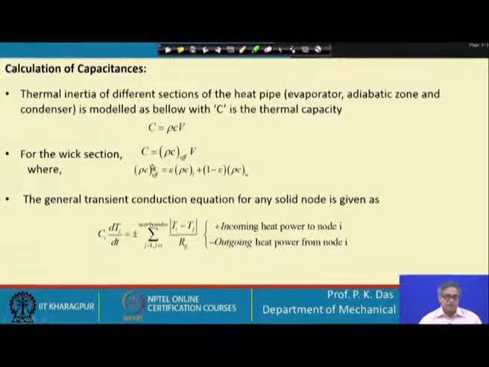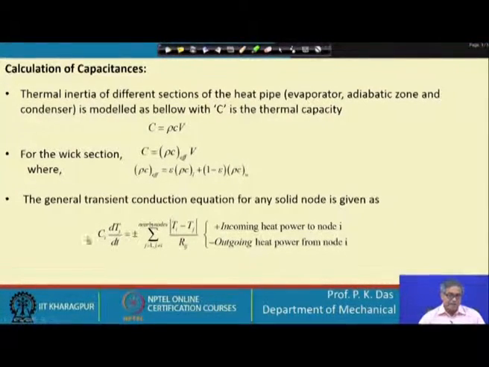For the wick section, of course, the rho and C both have to be taken as effective density and effective specific heat. So, here we have shown how it can be calculated, the rho C effective, knowing the porosity of the material. The general transient conduction equation for any solid node is given by this particular formula.